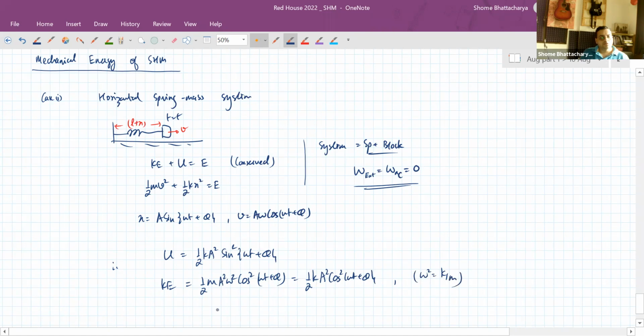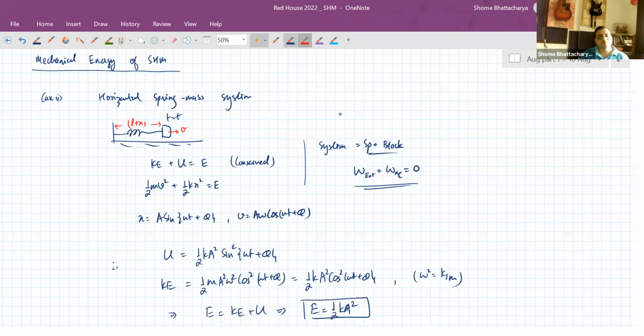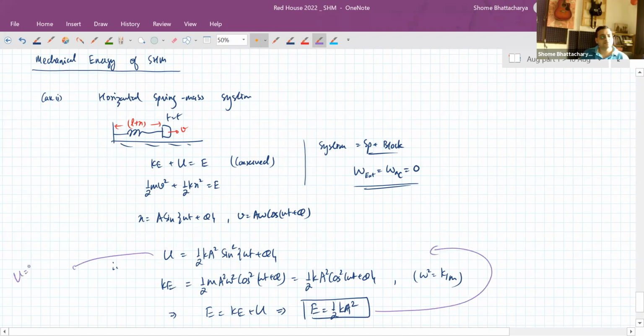So the total mechanical energy therefore becomes half kA square. Putting this back, we see this important thing that the potential energy at any point of time is the total mechanical energy into sine square (omega t plus phi), and the kinetic energy at any point of time is the total mechanical energy into cos square (omega t plus phi).